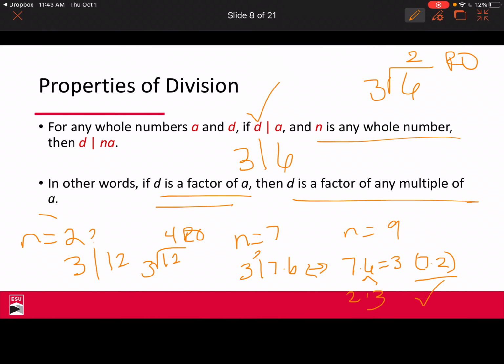But we can also just work on that directly. So we have 9 times 6, which is 54. 54 divided by 3, and that's what, 8? No, it's not at all. That's not even close to 8.